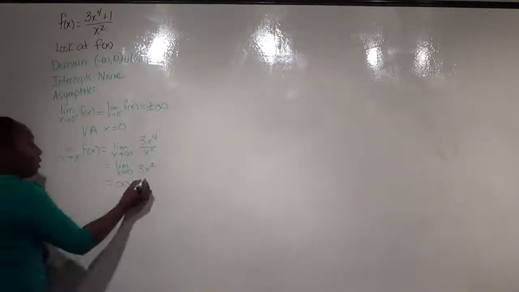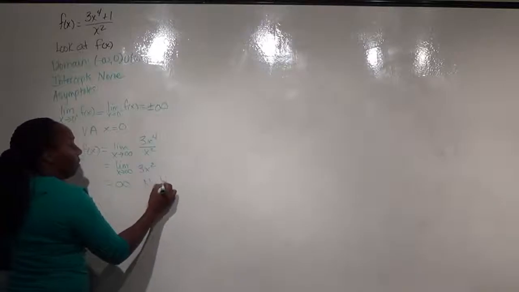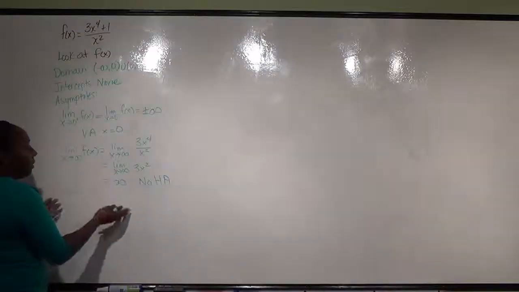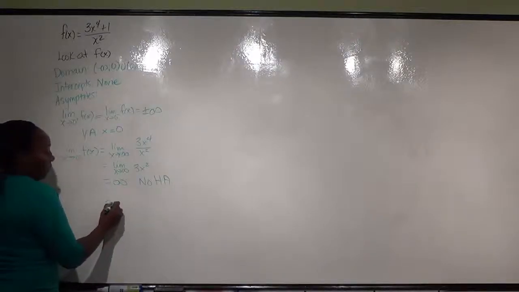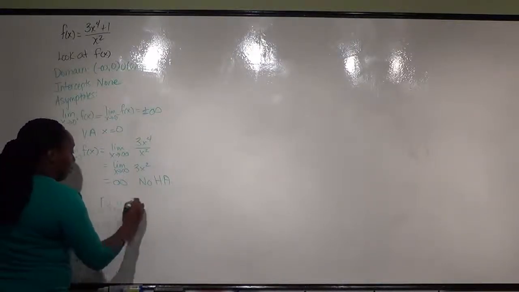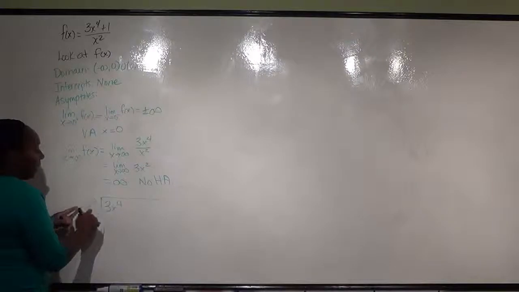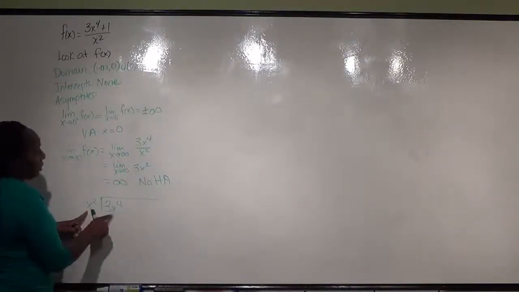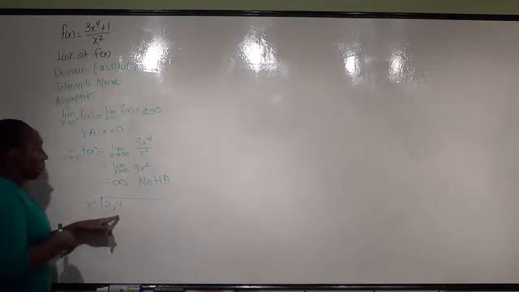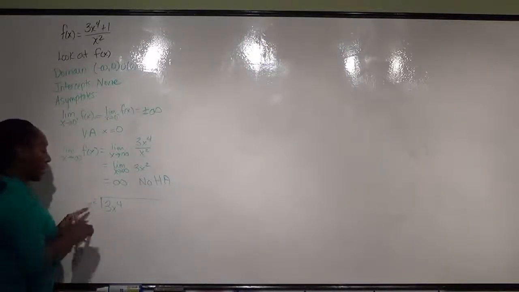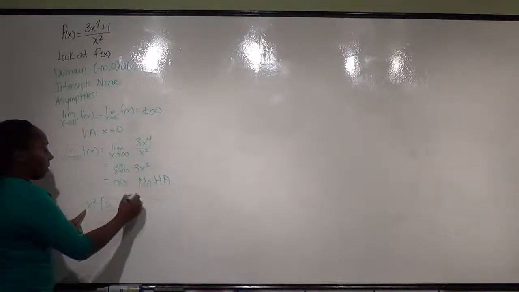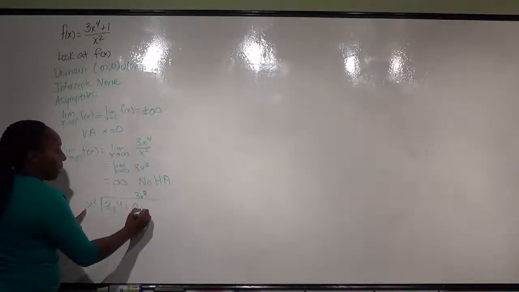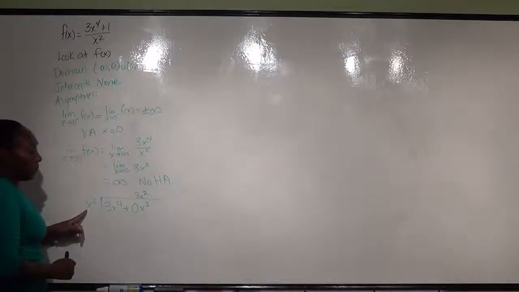This tells me there is no horizontal asymptote, but there is an oblique. To find the oblique asymptote, we are going to need to do division. So if we look at how many times x squared will go into 3x to the 4th plus 1, notice I didn't write the plus 1 yet, and that's because I know this is going to go in here 3x squared terms, so I'm going to need an x squared placeholder.